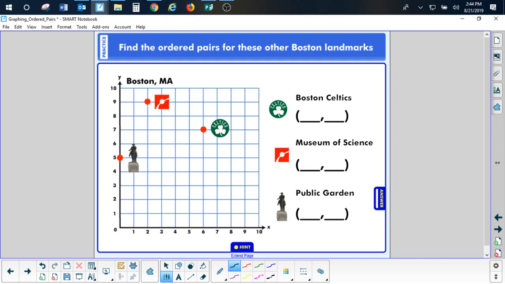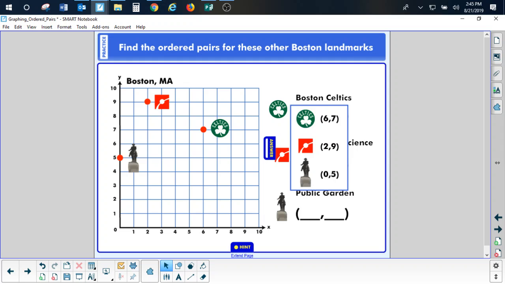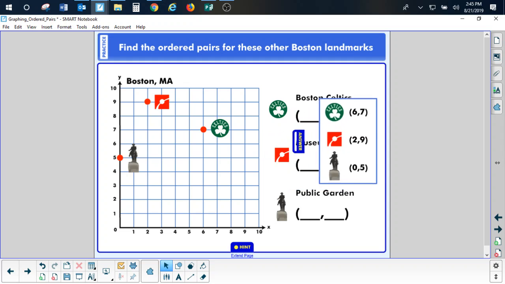And the last one, Public Garden, we're starting at the origin again. And I can't move any units to the right, so that would be 0. But I have to move up 5 units. So that is a coordinate pair 0, 5. So again, we'll double check our answers just to make sure. It was 6, 7, 2, 9, and 0, 5.